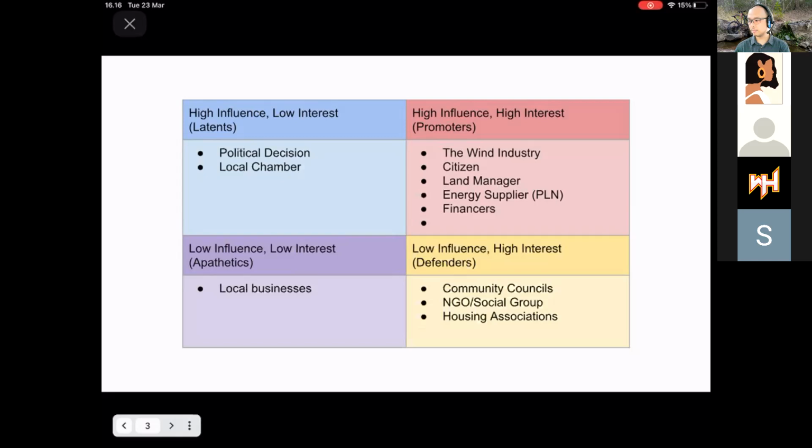And also the financiers, because we will need the finance to do this project. We put them in a high influence and high interest position.